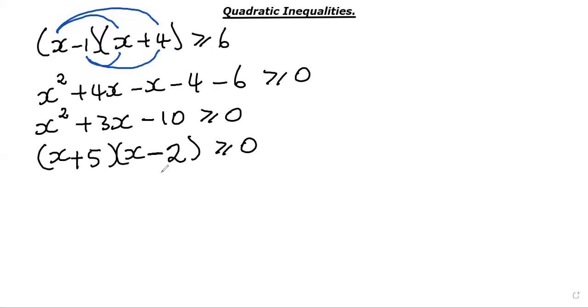And 5 times negative 2, it's negative 10. Awesome. Then from this point, you write down the critical values. So you say x equals negative 5 or x equals positive 2.